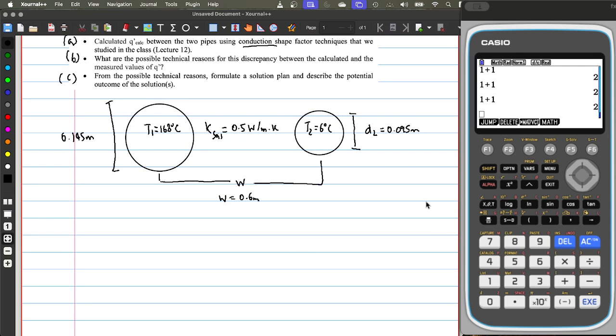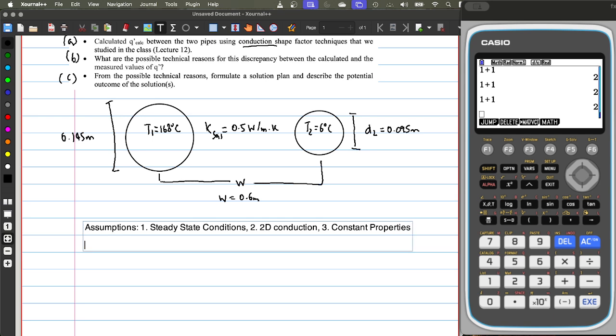Now we can try to solve this. Before we solve this, we need to state some assumptions. These are the same assumptions that are given to us in our lecture slides. Just to remind you, we have steady state conditions, we also have 2D conduction, and we also have your typical constant properties.